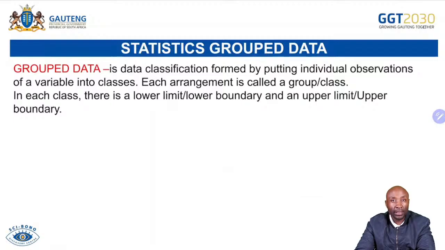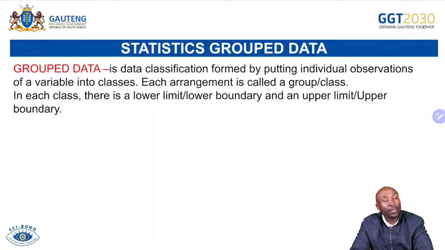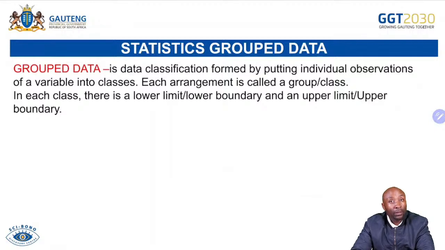As I indicated, if we look at our levels of achievement that we use to allocate our grades for marks, we know that 0 to 29,99 is our level 1, 30 to 39,99 is our level 2, and so on and so on. So that's our class intervals.